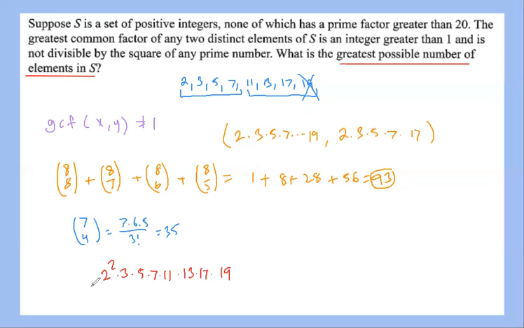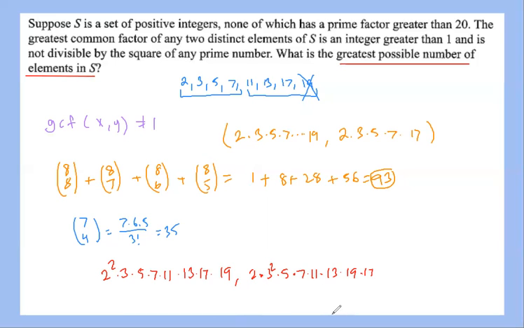So let's say we multiply all of these numbers, and then let's multiply 2, 3 squared, 5, 7, 11, 13, 19, and 17. So if you take this number, and if you take this number, all of these products, they have a common divisor of 2, 3, 5, and so on, but not 2 squared, not 3 squared.